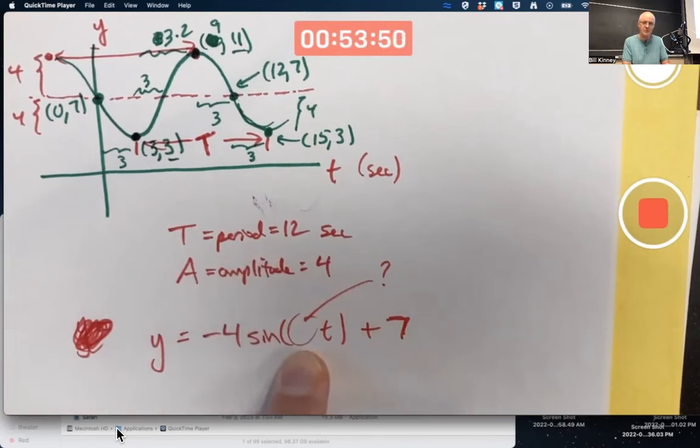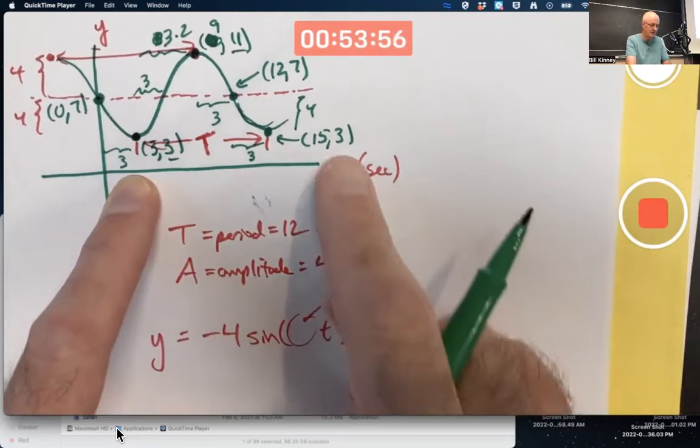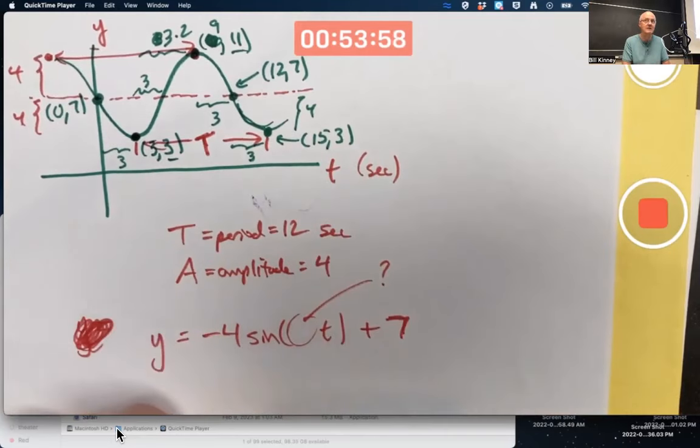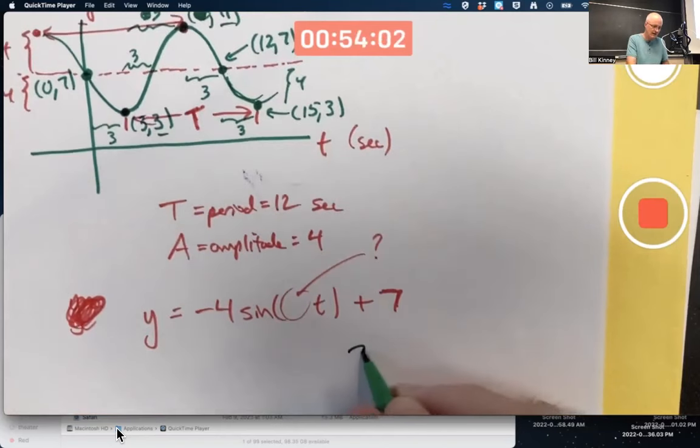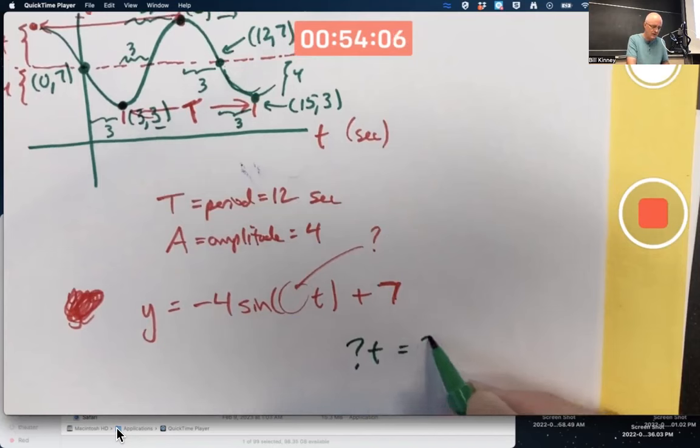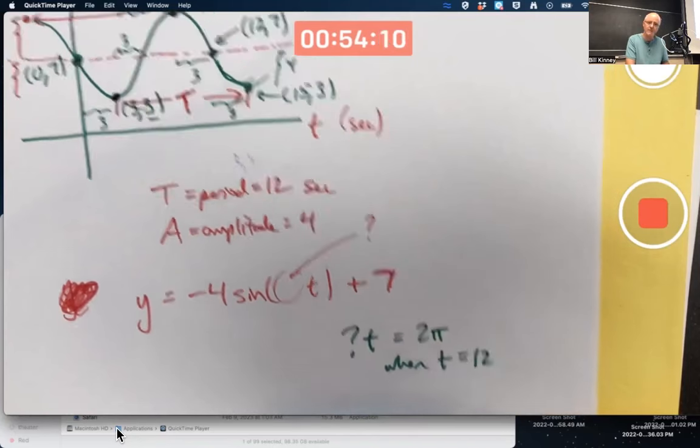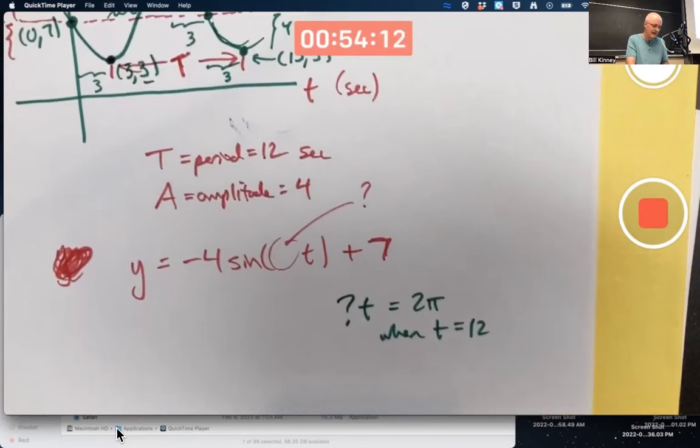So whatever I put in place of the question mark needs to make it so that as t goes from 0 to 12, and also 3 to 15, I go through one cycle. Question mark times t needs to equal 2 pi when t is 12. That's an algebra equation to solve for the question mark.